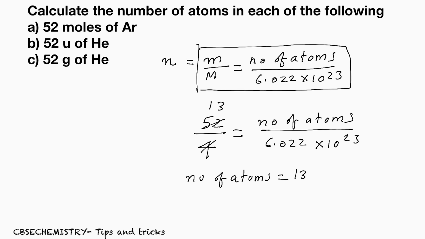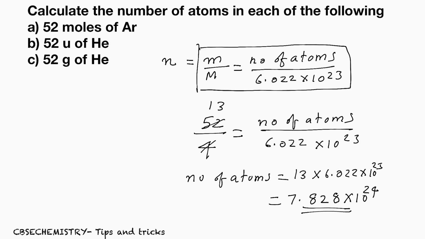Okay. So 13 into 6.022 into 10 raised to 23. On calculating, what you will get? We will get 7.828 into 10 raised to 24. So that is the answer for the third question.